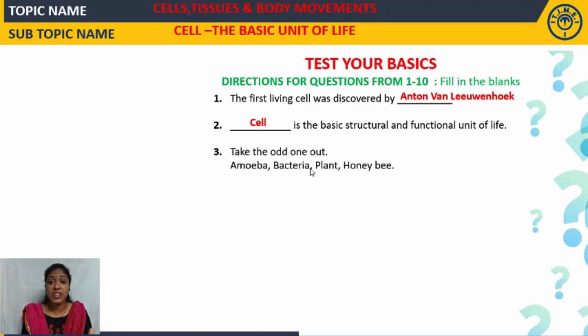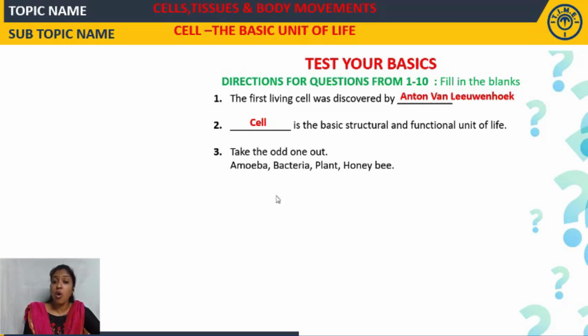In the last session we discussed prokaryotic organisms. The typical example is bacteria, and I showed you the figure also. So bacteria is a prokaryotic organism, and plant is a eukaryote, and honeybee is an insect, also a eukaryote.